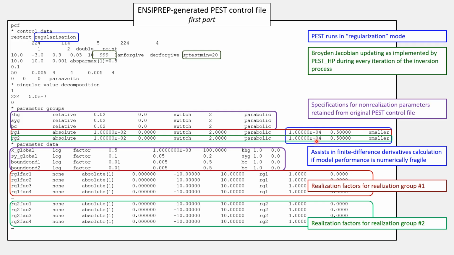We invoke that when we assign these control variables for derivatives calculation. So we're making this whole process as robust as we possibly can, so that we're giving PEST every chance to fit the data well, no matter how ill-behaved is the model, no matter how non-linear is the relationship between model outputs and model parameters.